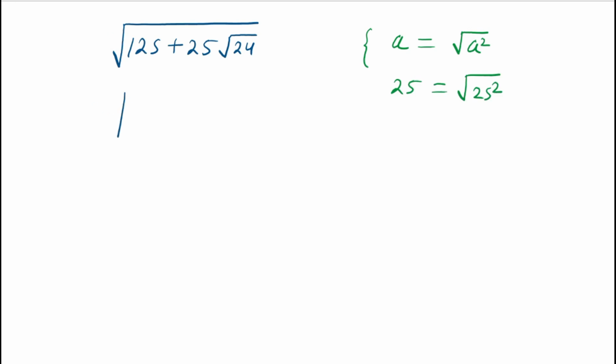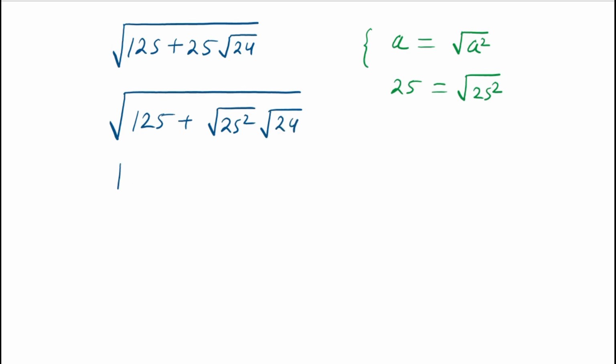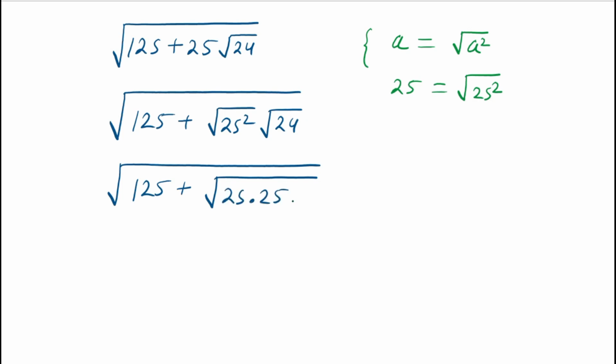So square root of 125 plus 25 square root of 24, and this expression is the same as square root of 25 times 25 times 24.